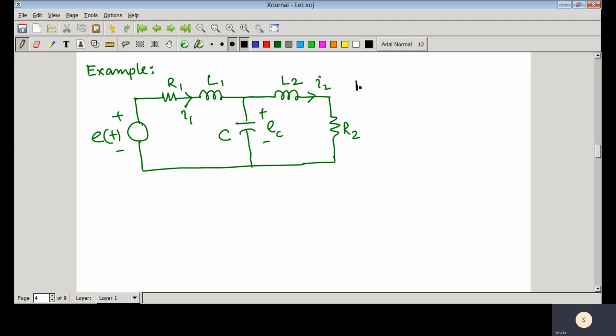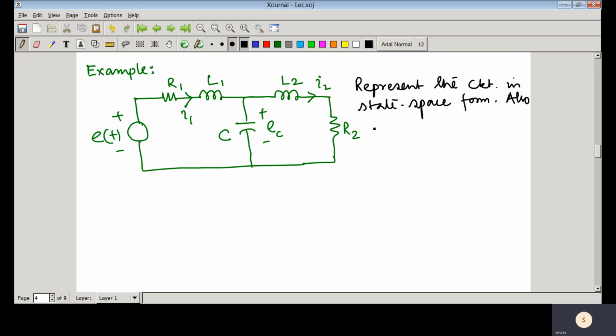Represent the circuit in state space form.